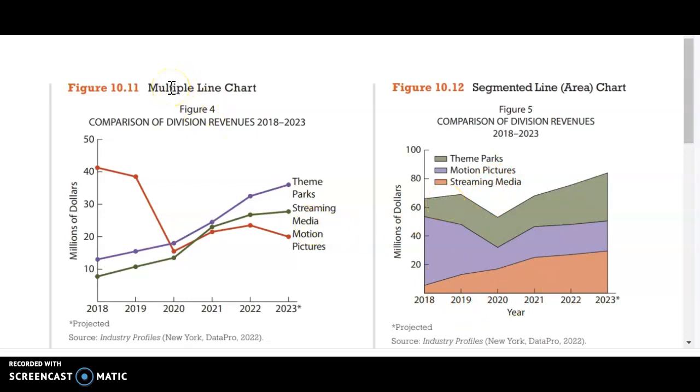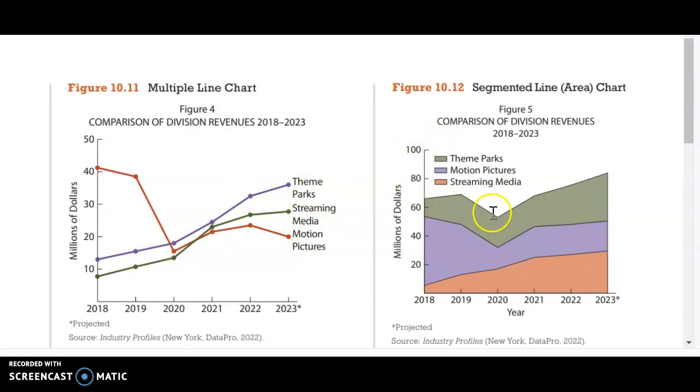So here you see a multiple line chart, and we're looking at revenue from each. So you can clearly see that motion pictures drop drastically, and it's still the lowest over time.